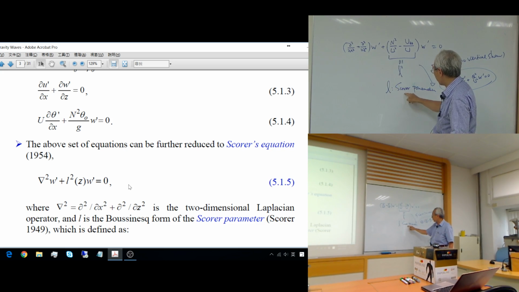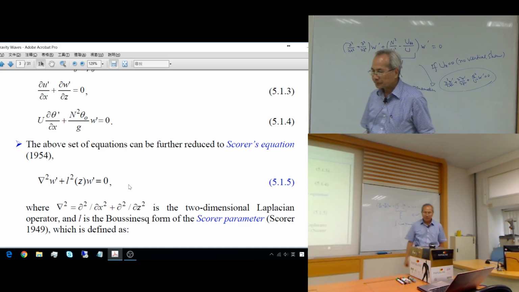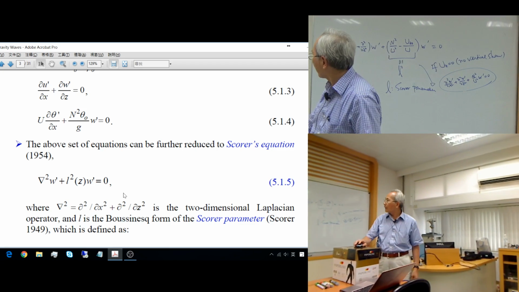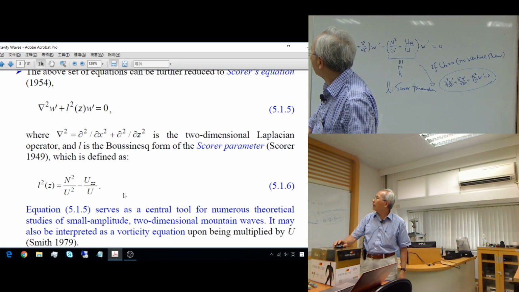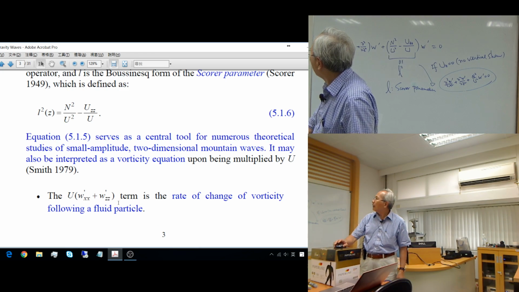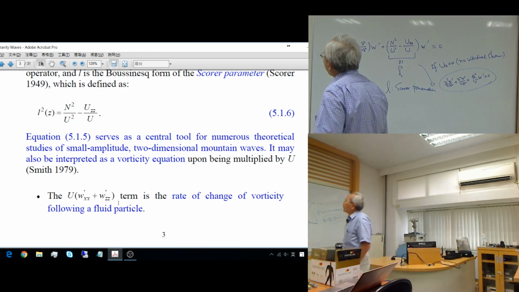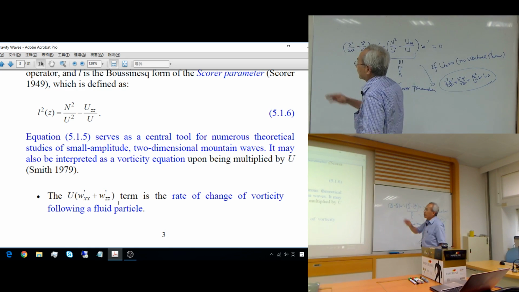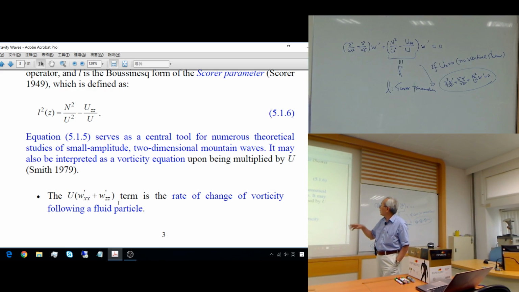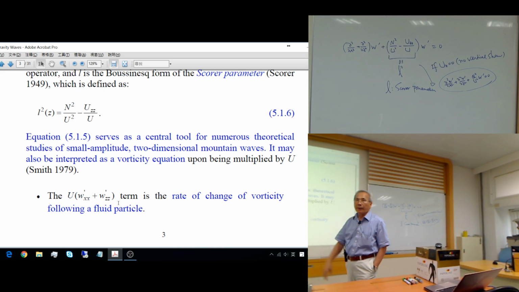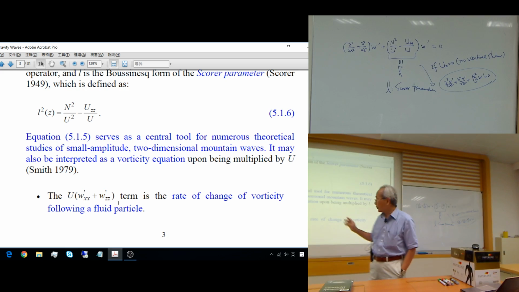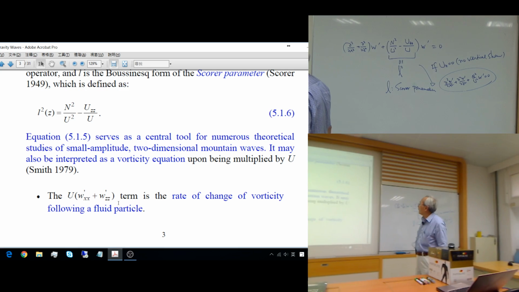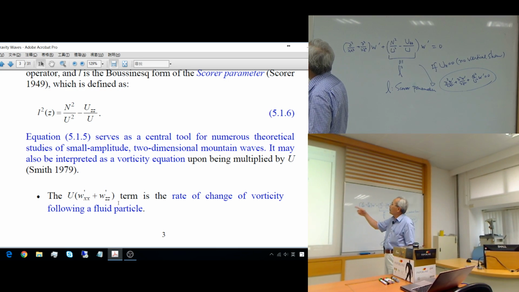So L is called the Scorer parameter. Equation 5.1.5, this equation, is a central tool for many theoretical studies. This equation can also be interpreted as a vorticity equation.